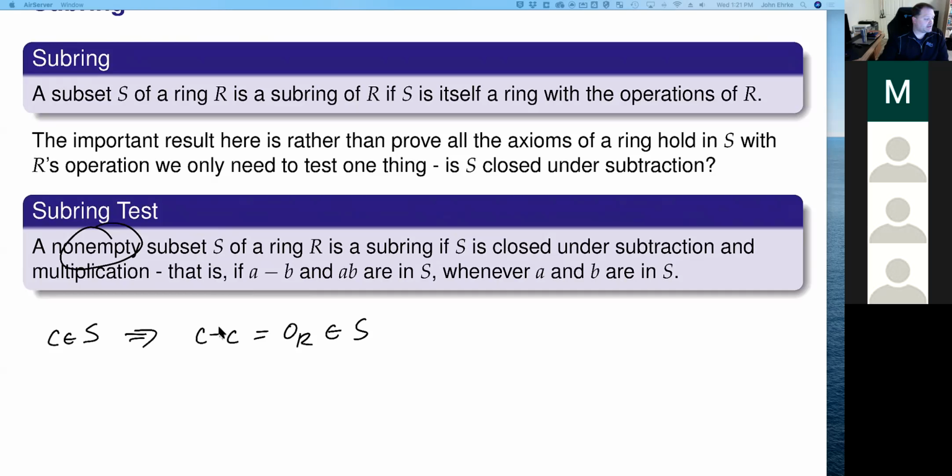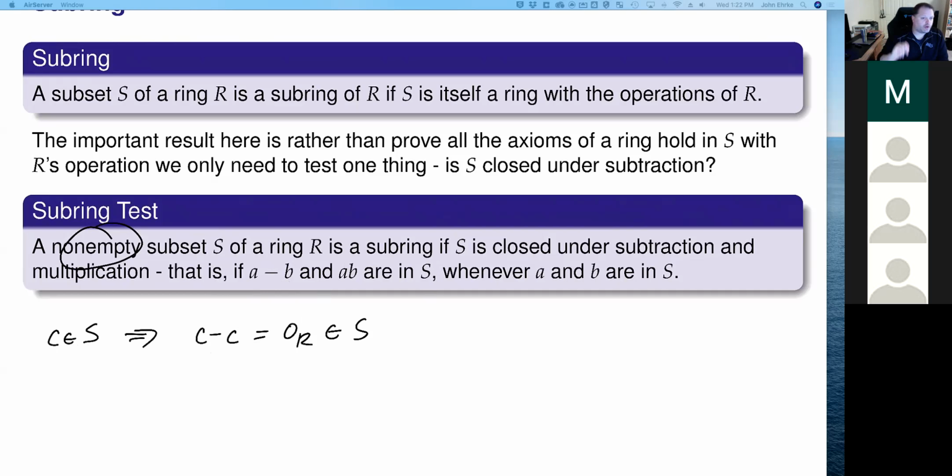So as soon as there's an element in there, if it's closed under subtraction, you get the additive identity. And once you have the additive identity, you get additive inverses. And once you get additive inverses, you get closure under addition. So you get all of the properties just from knowing that it's closed under subtraction, because subtraction of any element that exists can generate the zero element. There's more to the proof than that. I encourage you to look through it after this.